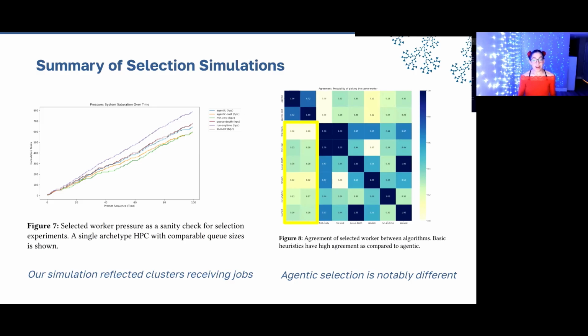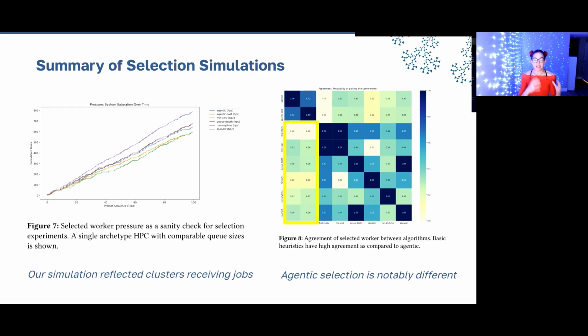We also noticed that agentic selection was notably different. So looking at the right, what we see is agreement of selected workers between algorithms. And those yellow boxes there are highlighting that the agentic strategies look different, don't they? That is an agentic strategy based on cost and then just a general agentic strategy.